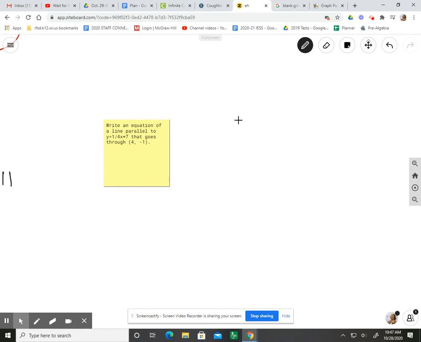So to do that, we need to write this in slope-intercept form. I didn't specify, but let's write it in this form. It's going through this point (4, -1).